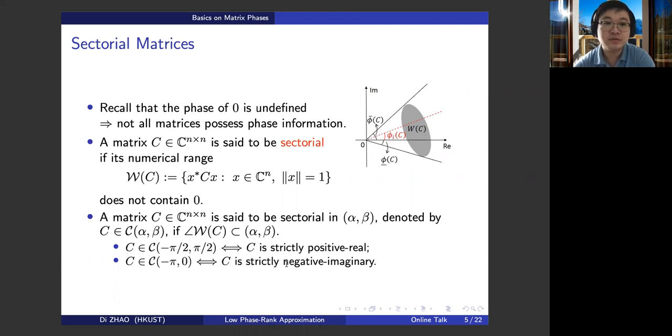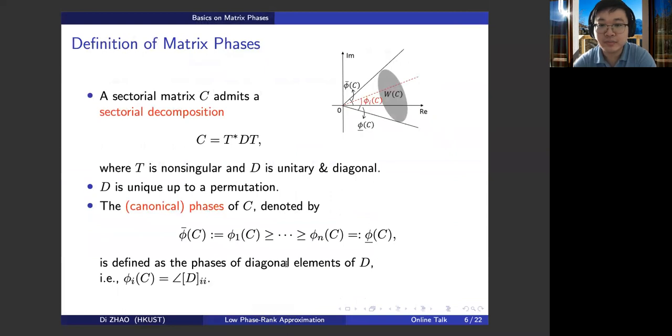So okay, with this set of sectorial matrices, we are ready to define the phase. So what is the phase? A sectorial matrix C admits a sectorial decomposition. So here we write this C into this decomposition. And this T is non-singular, and this D is important because it contains all the information.